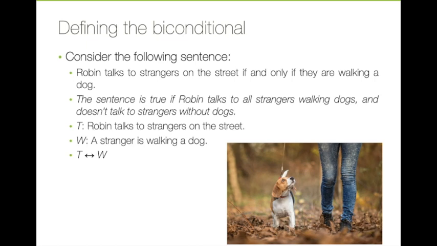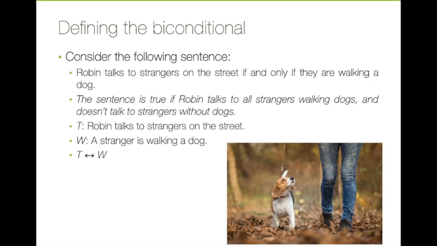So here's a kind of informal example of a biconditional. It's probably not something that we'd really say in a natural English conversation, but I think it illustrates the way the connective works pretty well. Robin talks to strangers on the street if and only if they're walking a dog.